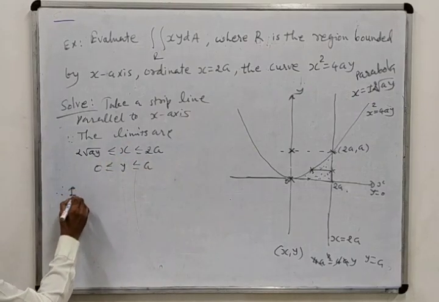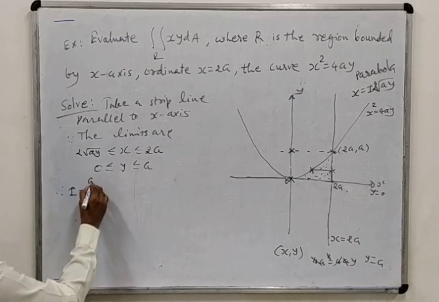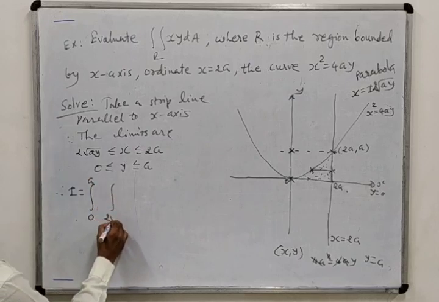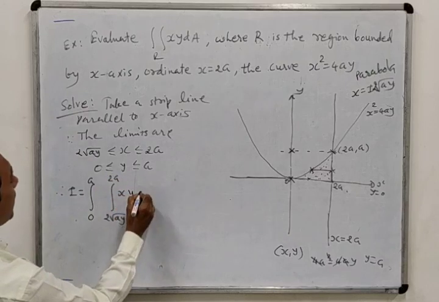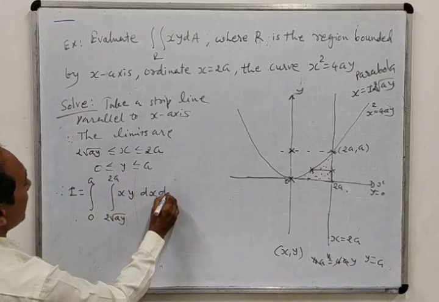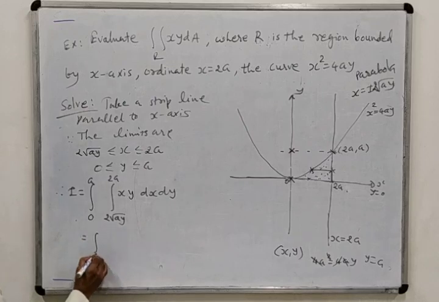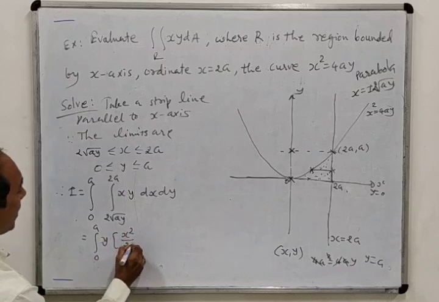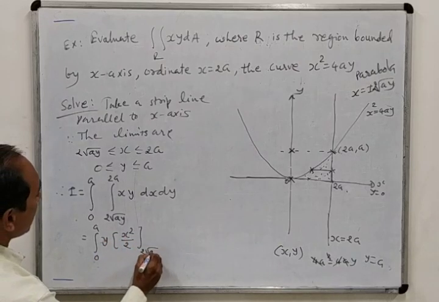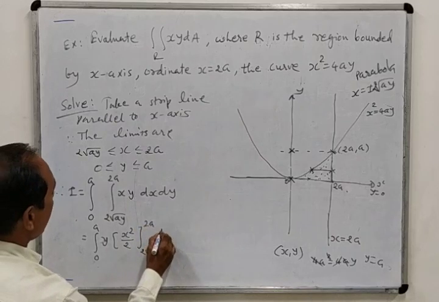Therefore, our integration now will become 0 to a, 2 root ay to 2a, xy dA. dA means now we have dx dy. So now the integration 0 to a: y is constant, so y we take outside. The integration of x is x square by 2, from 2 root ay to 2a, dy.